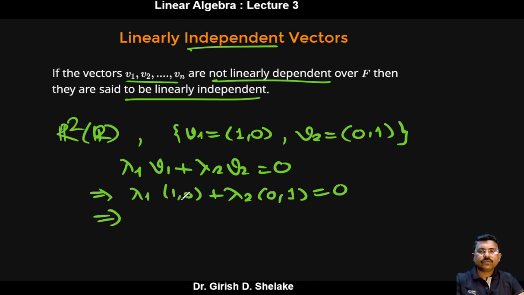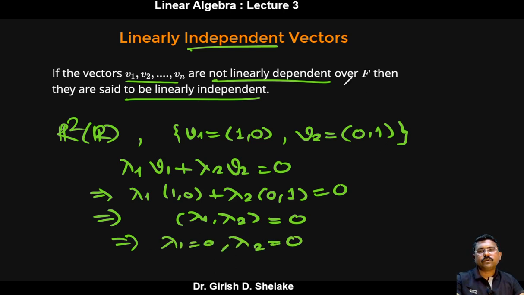We know how to multiply a scalar by a vector in R2 and how to add vectors in R2. By using the definition of scalar multiplication and addition in R2, we finally write it as (lambda 1, lambda 2) equal to 0, and obviously this implies that lambda 1 is equal to 0 and lambda 2 is equal to 0.